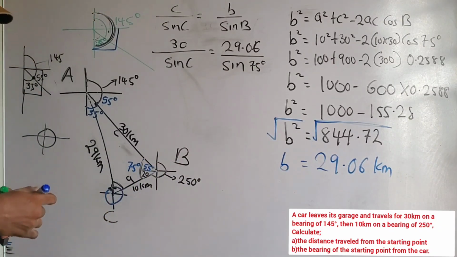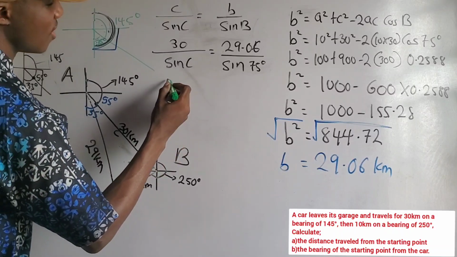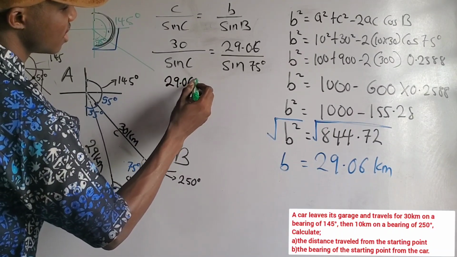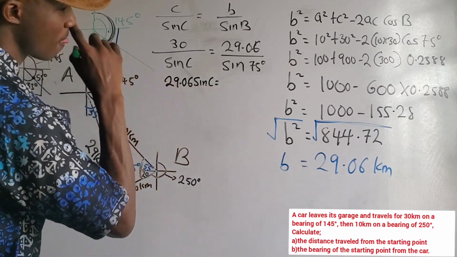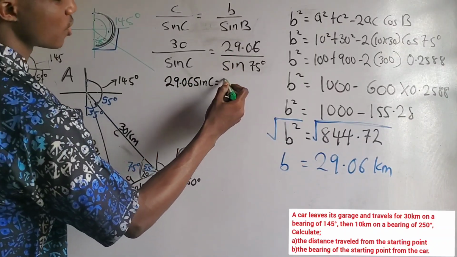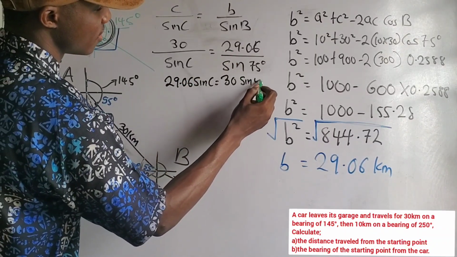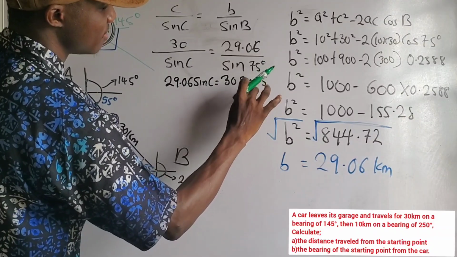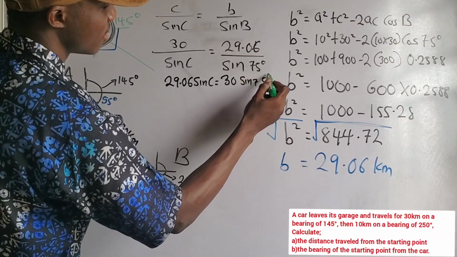Okay. The next step is that I'm going to cross multiply. So I'm going to have 29.06 sine C is equal to 30 sine 75 degrees. Okay.